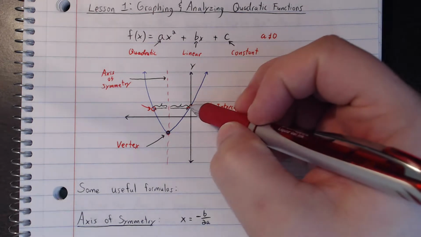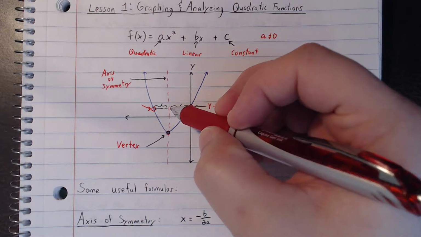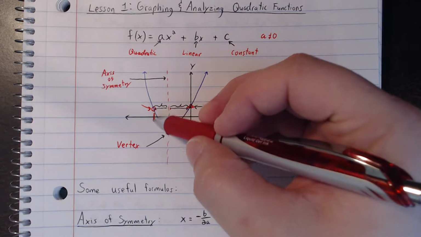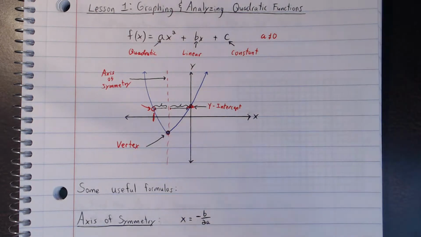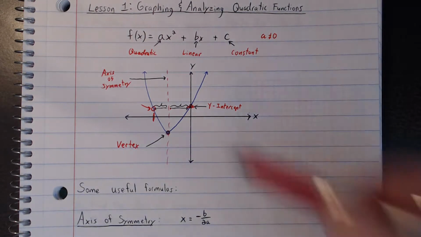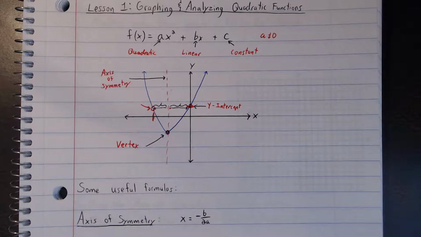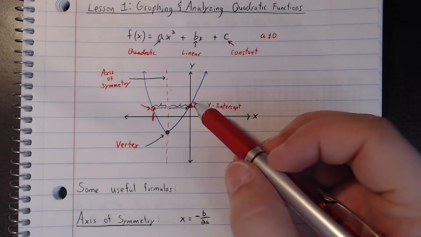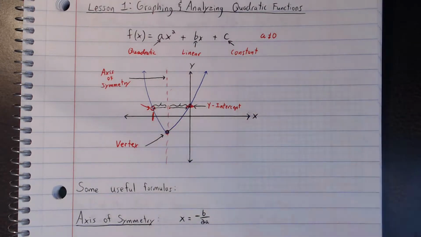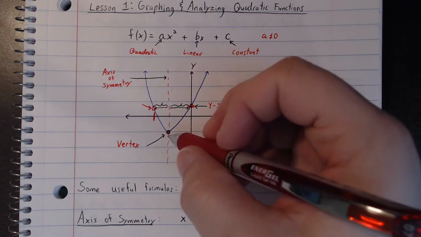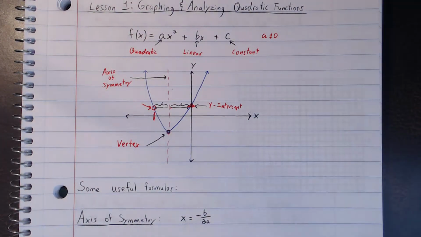It's going to be the same distance away from the axis. So we can really just count or even double if we know the axis itself. We'll be able to get not just the vertex and y-intercept today, but also this third point, which helps us to draw the actual parabola itself.